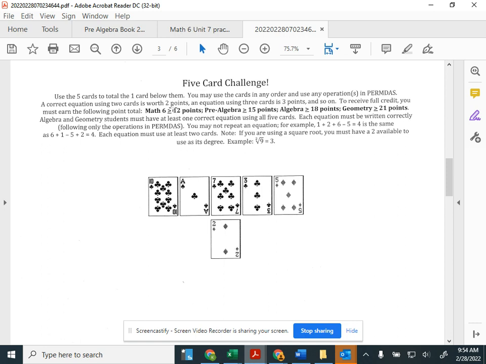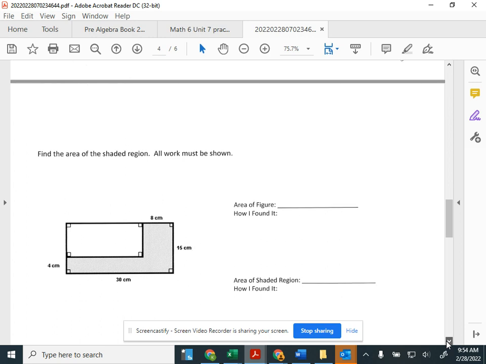Try to challenge yourself. Instead of just doing simple ones, 5 minus 3 is 2, try to do some more complicated order of operations, multiplying, dividing, working with negative numbers. Okay, you can make this more complicated working on your number operations.